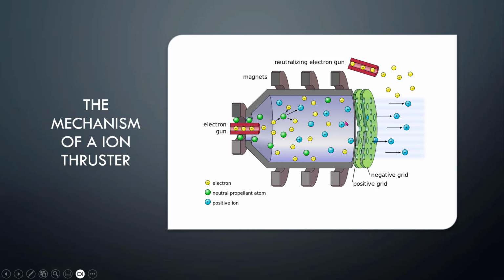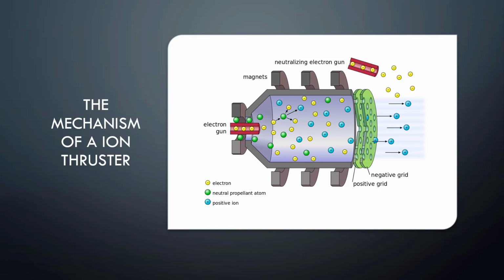Then, with the help of either a magnetic or an electric field, we create a voltage with a positive and negative grid to propel them. Then we thrust these positively charged atoms out of the nozzle.